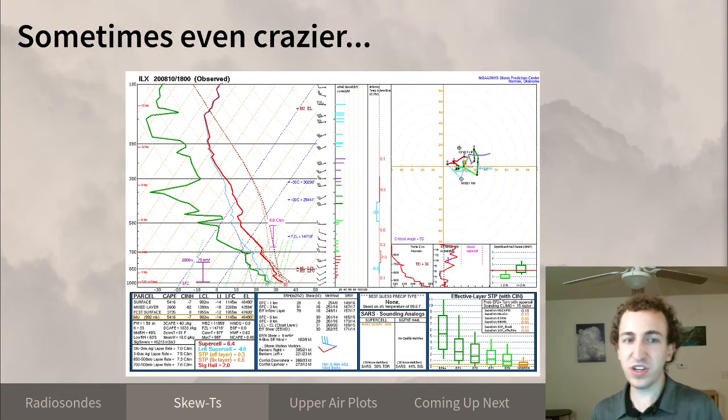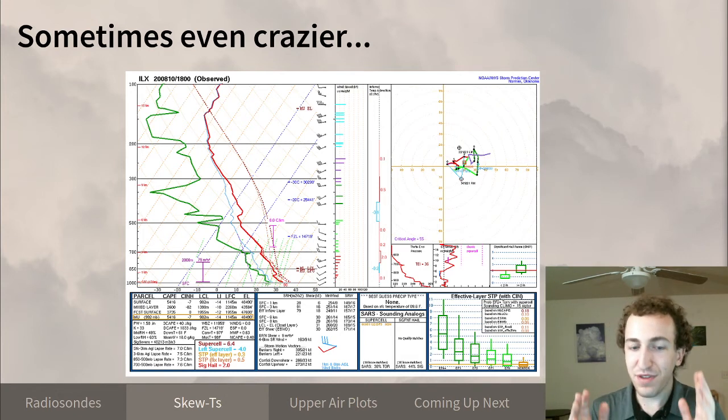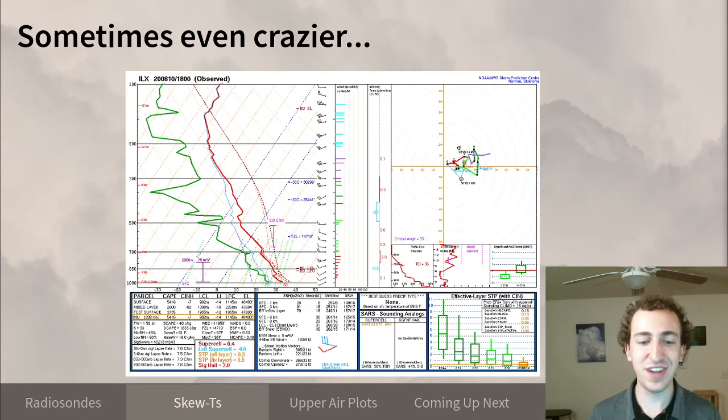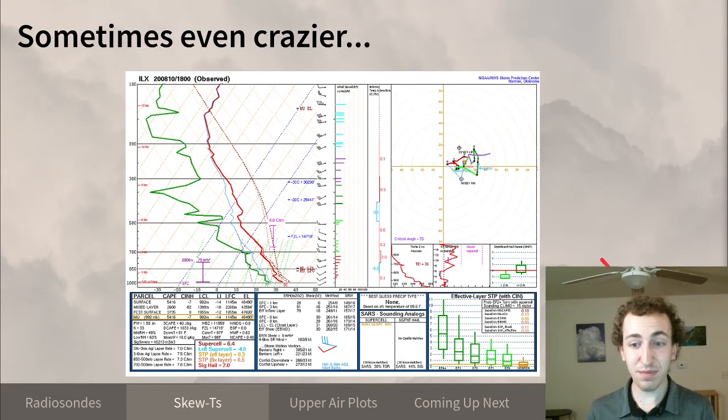And just sort of as a heads up, sometimes if you go looking for these plots, they come with lots of extra good data. Of course, it may not be good if you're not trying to find it. It may be confusing. So just to be a heads up, this is what the official SPC produced sounding plots look like. They have your standard Skew-T here, some supplemental vertical plots, something called a hodograph.